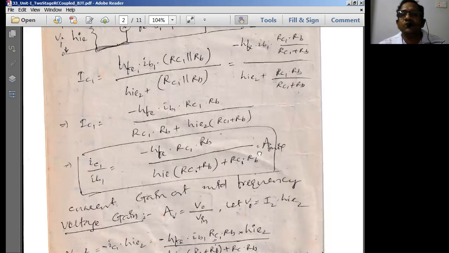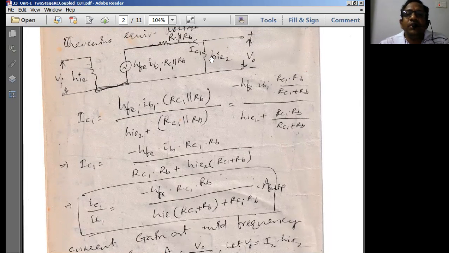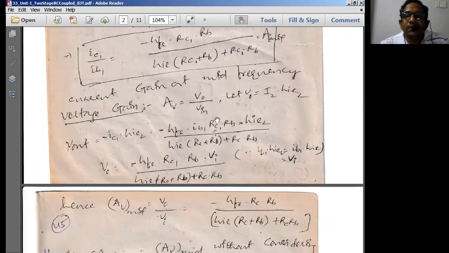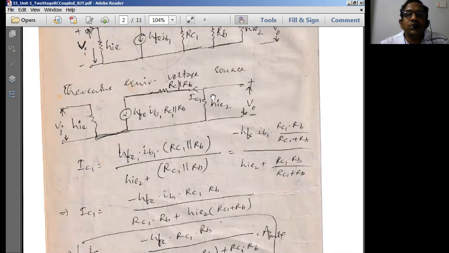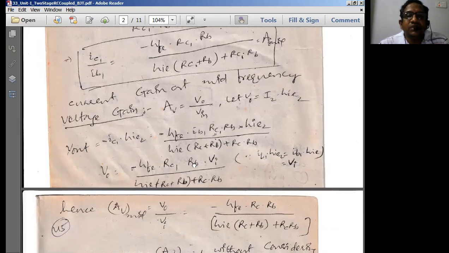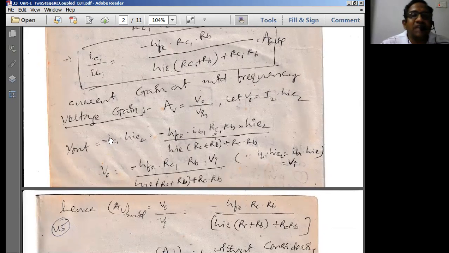Therefore in the approximate analysis, we consider the output voltage of the two-stage RC coupled amplifier to be across HIE2. So in the approximate analysis, we write like this. Then V0 is equal to, what is I2? I2 is the current flowing into the output terminals, whereas we have IC1 with us. So this I2 is nothing but equal to minus IC1 into HIE2. So we can write this as IC1, which we already know.